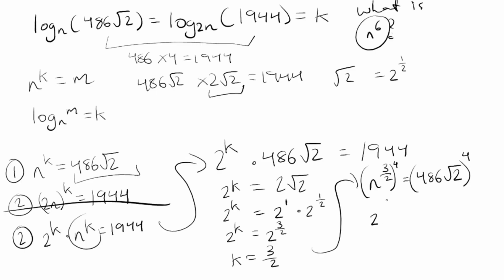And then we get n to the 6 is 486 root 2 to the 4, whatever that might be. Probably in the billions. There we go. That's how you solve it the fast way. And let's move on to the slow way, which is the change of base.